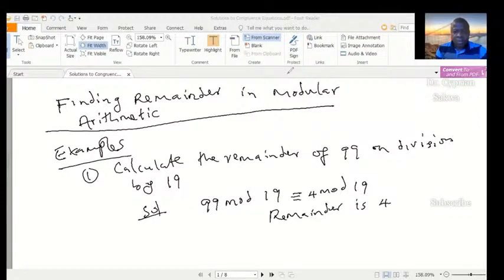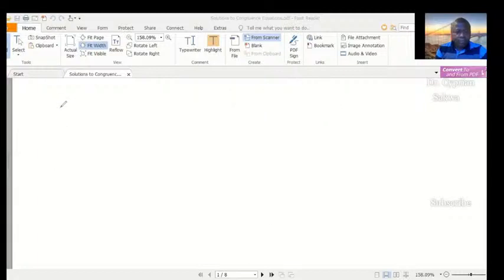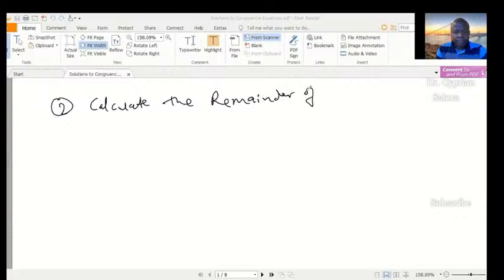Let's look at example 2. Calculate the remainder of 19 times 54 on division by 17.